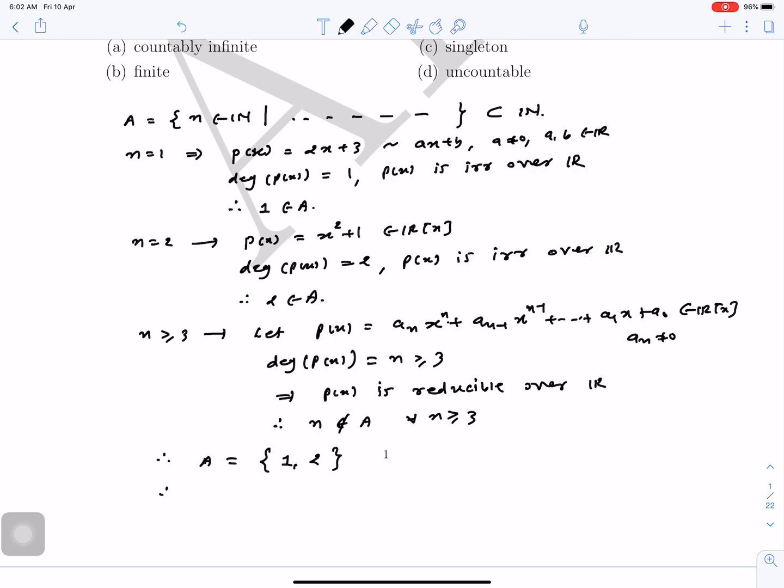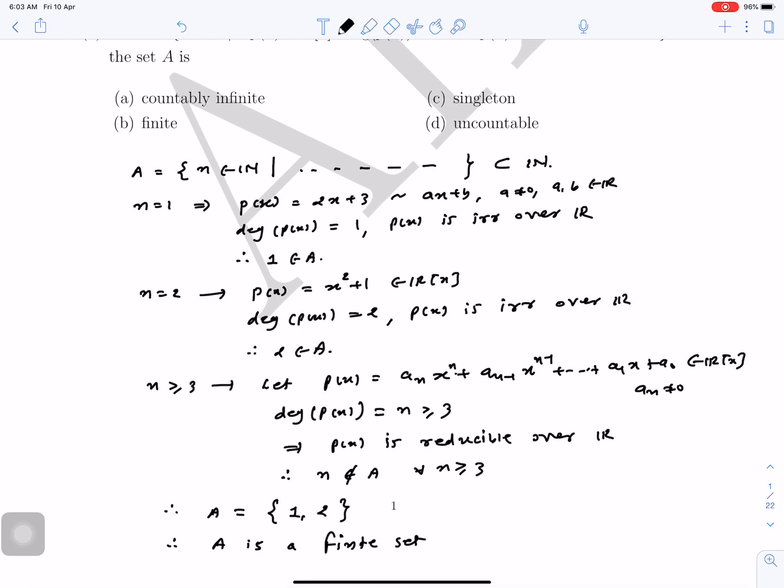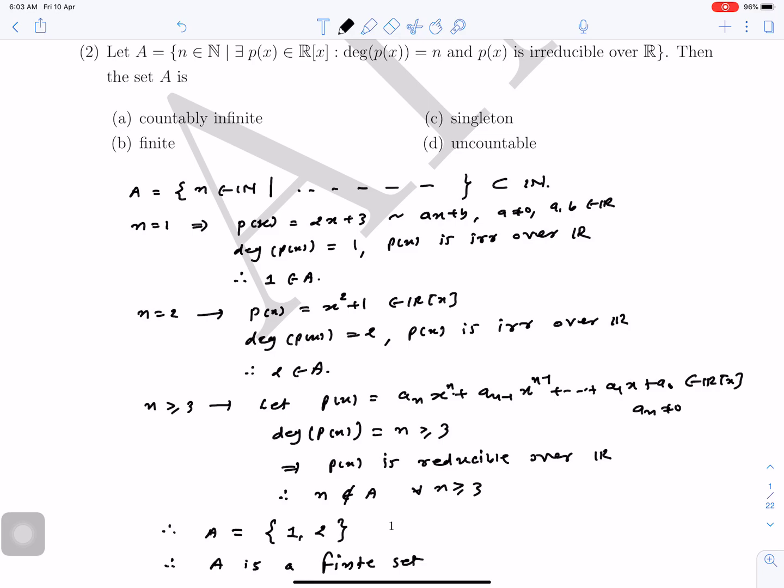So A is a finite set. If you see the options, it is not countably infinite, it is a finite set, it is not a singleton because it contains two elements 1 and 2, and it is not uncountable. So option B is correct.